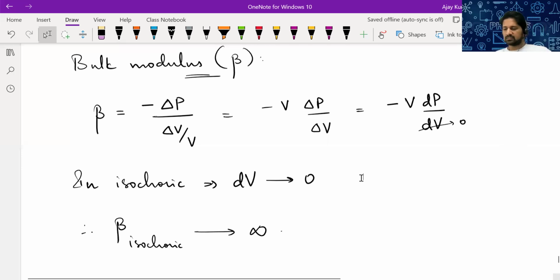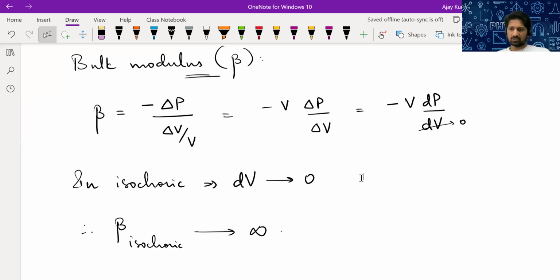See, as we know, bulk modulus or any modulus of elasticity for that matter, Young's modulus or shear modulus or bulk modulus, they give you an idea of the rigidity of the system, elasticity of the system. Greater the modulus of elasticity, more difficult it is to deform that system.